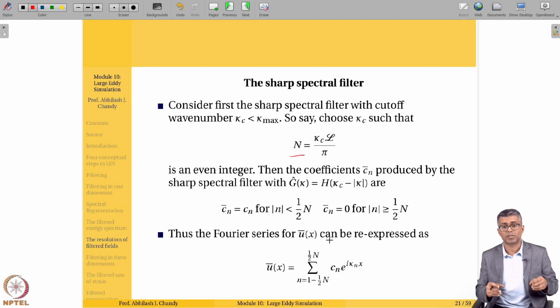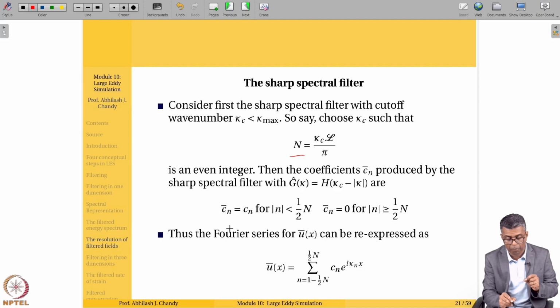Because the sharp spectral filter is easier to discuss here and easier to understand in this context, we picked this filter, and you can see how it is easier to make the point here of Cn bar being equal to Cn, meaning until the kappa c.